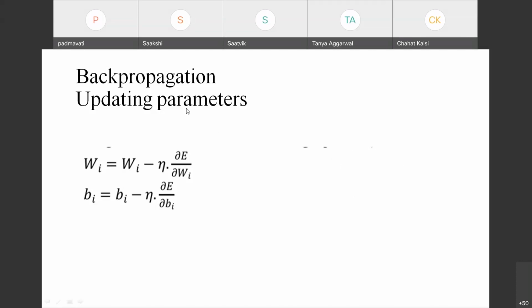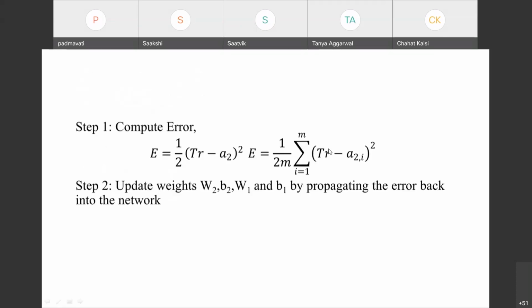Fine. So that updation is required. If the initialized parameters are low, then I will be increasing the weight values, the Wi values. If initialized Wis are very high, then I will be decreasing those Wis, right?